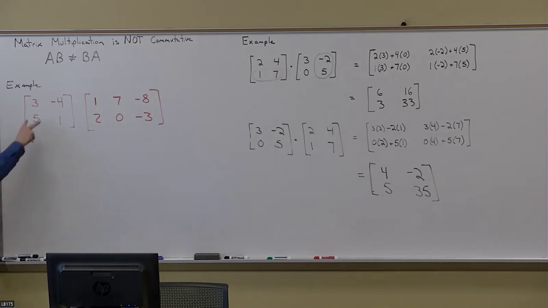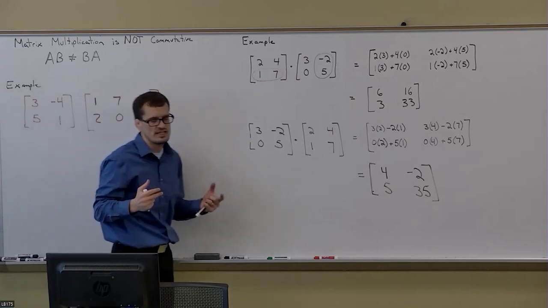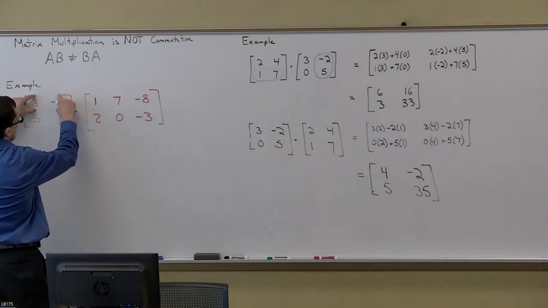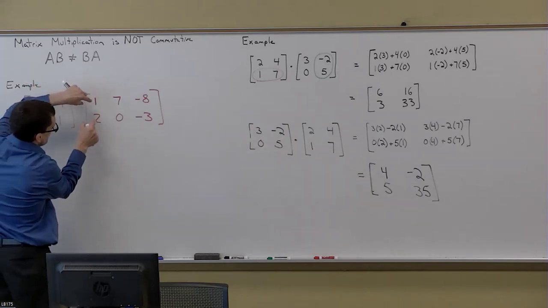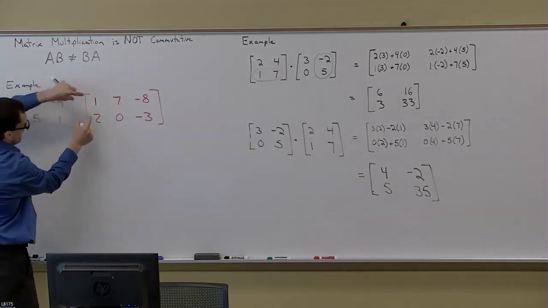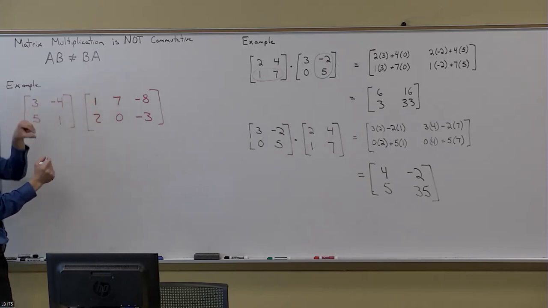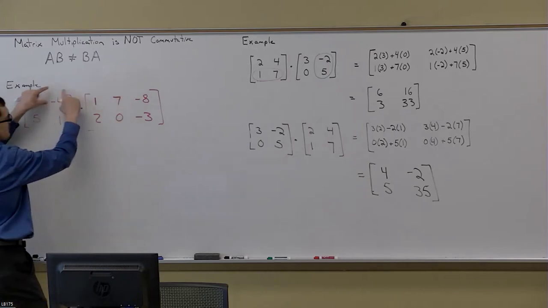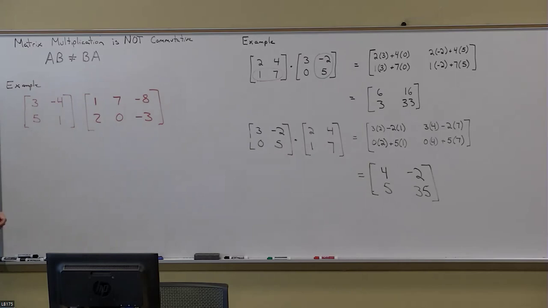What I do need is the number of entries in a row to match the number of entries in the column. Again, this is sort of a visualization thing. I see this as taking this row and flipping it up and multiplying it times these two numbers. Then I take the same thing and multiply like that, and again like that.